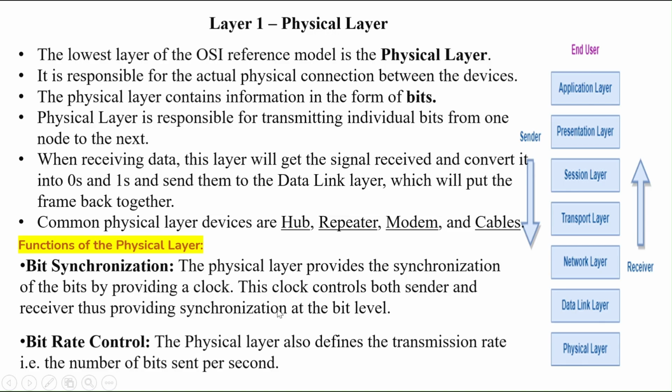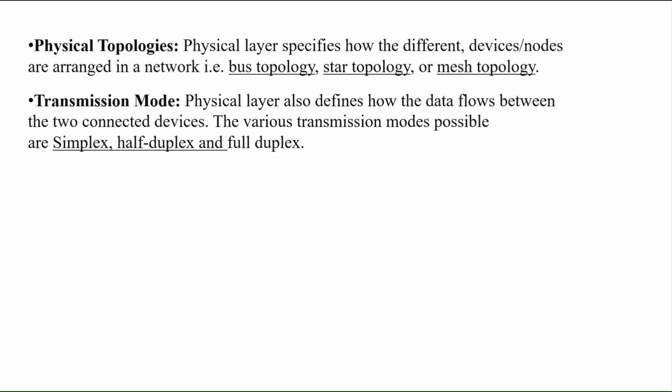This clock controls both sender and receiver, thus providing synchronization at bit level. Bit rate control: the physical layer also defines the transmission rate, that is the number of bits sent per second.